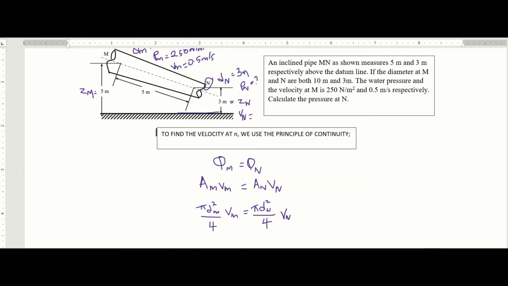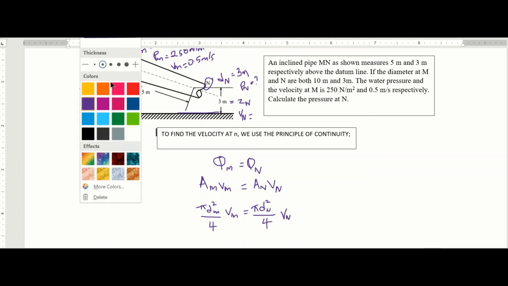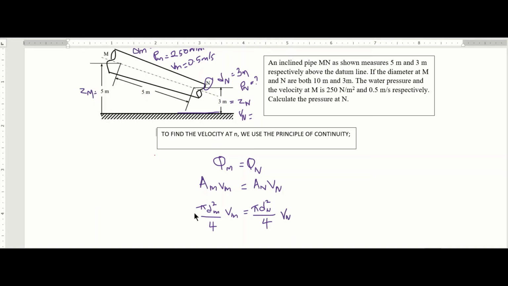Alright, so what next? If you look at this equation carefully, you see that the pi over 4 will cancel the pi over 4 on both sides. So we are left with the diameter at M squared times Vm is equal to the diameter at N squared times Vn.